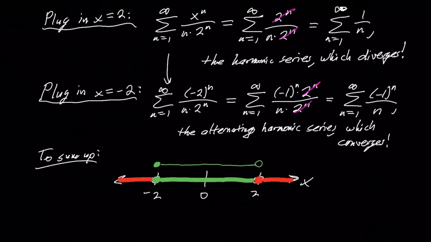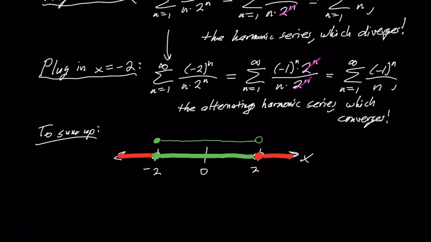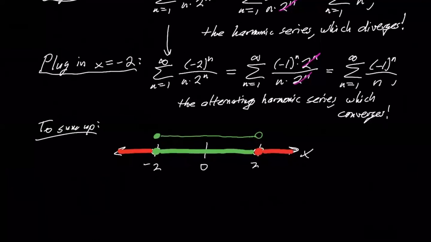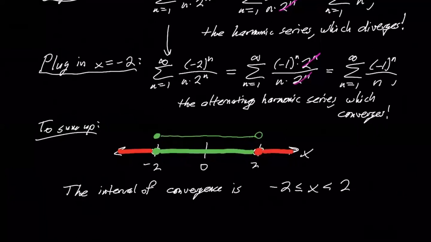You could draw it like that if you want to. Basically that's the interval of convergence. I wanted to write it in math, not with a picture. The interval of convergence is minus 2 less than or equal to x strictly less than 2. And the radius is 2.